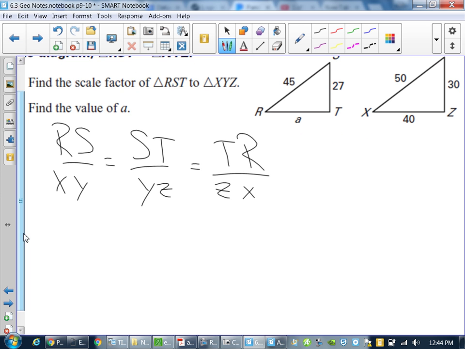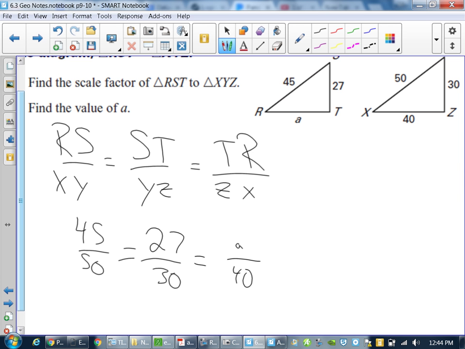Let's see, 45. ST is 27. There's 50, 30, 40. So 45 over 50, what does that simplify to? 9/10.